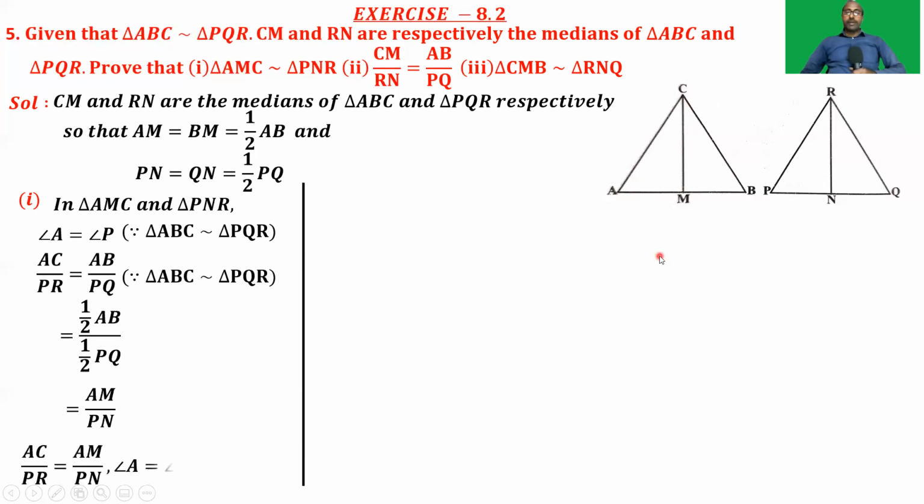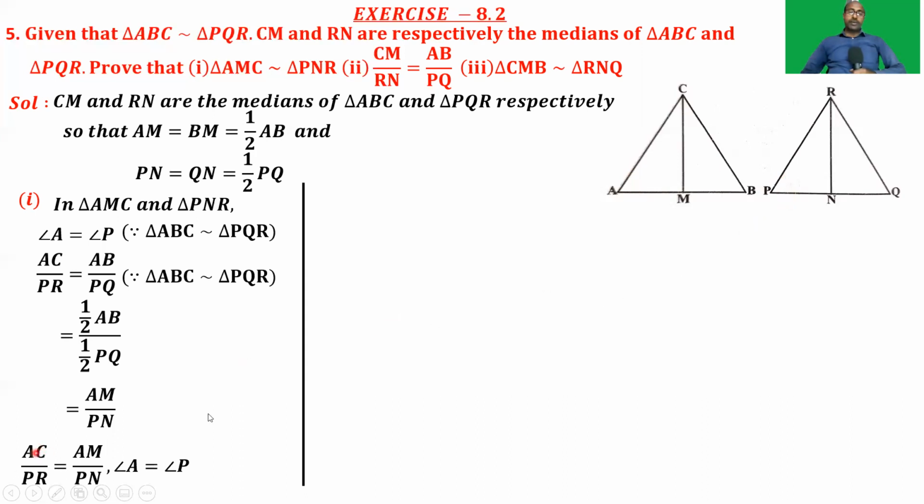So now we have AC by PR is equal to AM by PN and angle A is equal to angle P. And now we have to remember the SAS criterion here. What is the SAS criterion saying? If one angle of a triangle is equal to one angle of a second triangle and the included sides are in proportion, then the two triangles are similar.